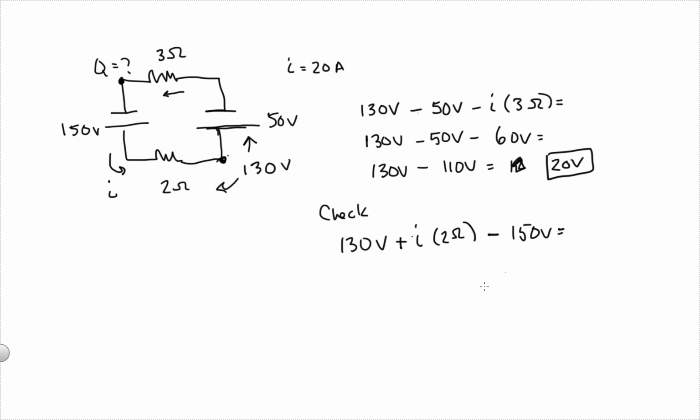And that's going to give us our potential at Q. So that's 130 volts plus 20 times 2, or 40 volts, minus 150 volts, which is 170 volts minus 150. And sure enough, we got 20 volts.